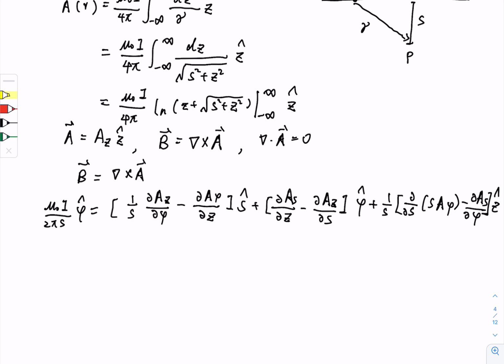And now if we take a careful look at this expression, the A must be along this z axis. So this A phi must be 0, and here the A s also must be 0.